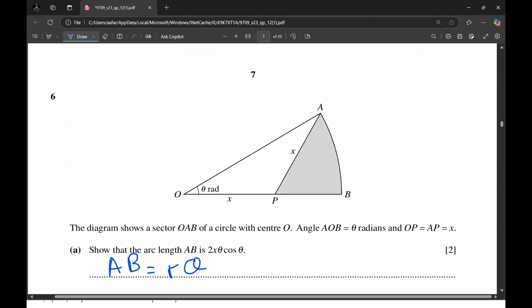Since this is an isosceles triangle, both sides are the same, so we know this is going to be theta as well, right? And if we make a line right in this center, this forms a right angle triangle.